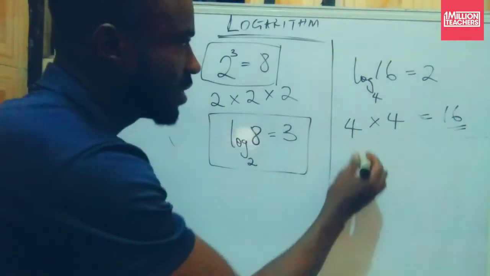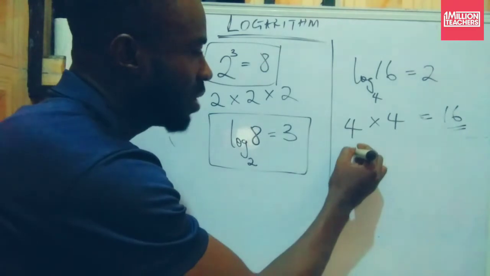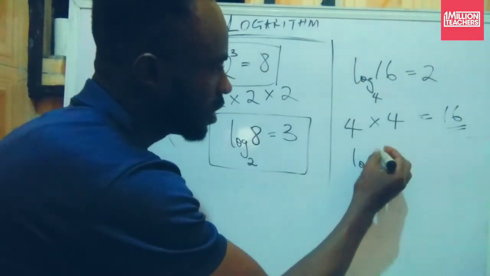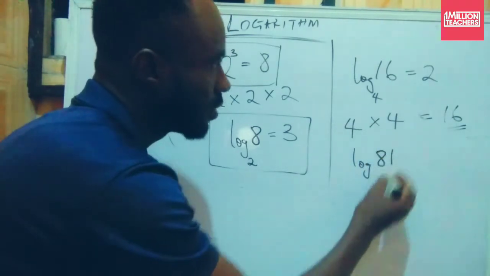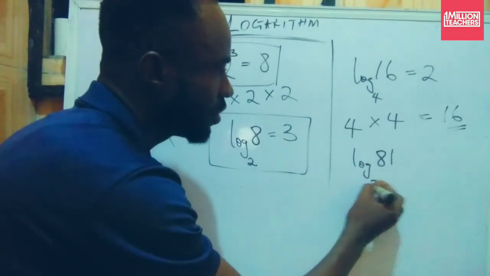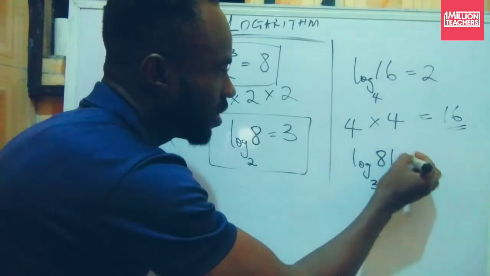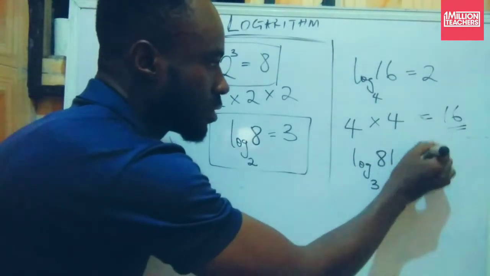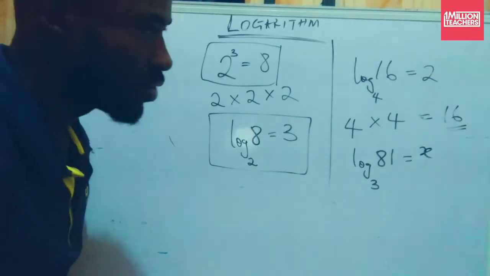So let's look at another example. Maybe if I say log of 81 base 3, equals x.